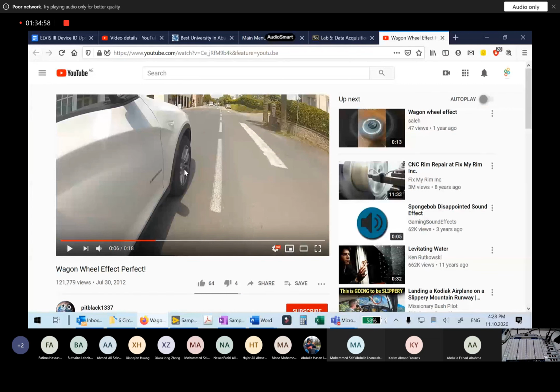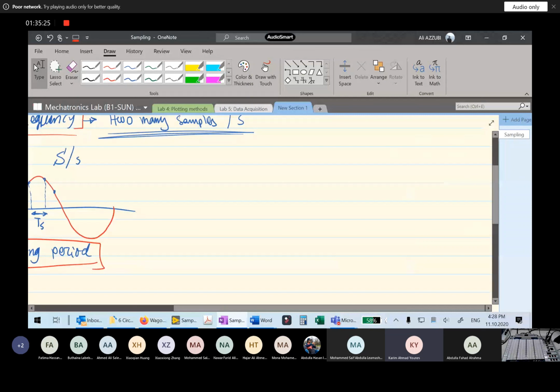Sometimes even without a camera, it will appear backwards. Maybe because the wheel is moving very fast. Very fast, but why backwards? It's tricky. Before it completes one rotation, we get to see it twice, something like this. I can't explain it, but I have an idea in mind. You feel it, but you can't explain it.